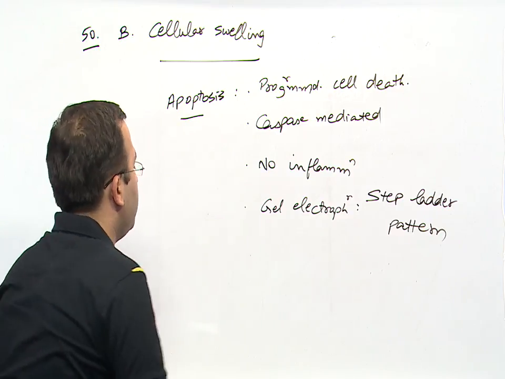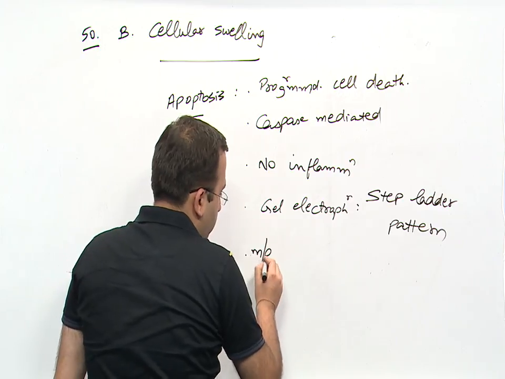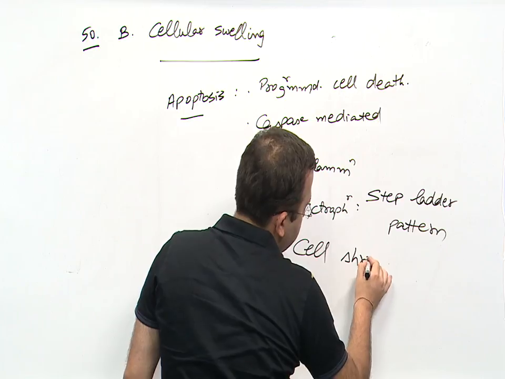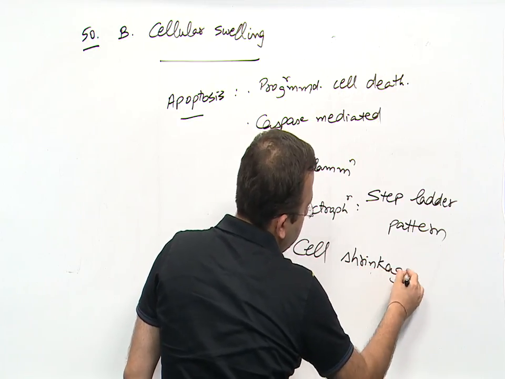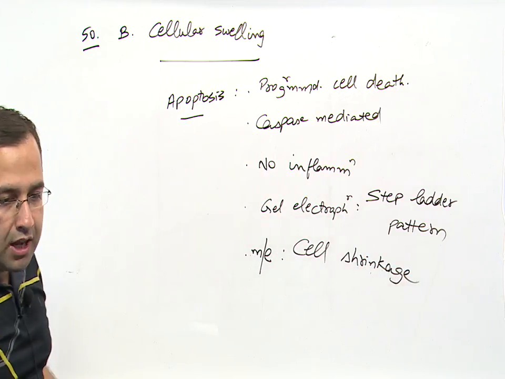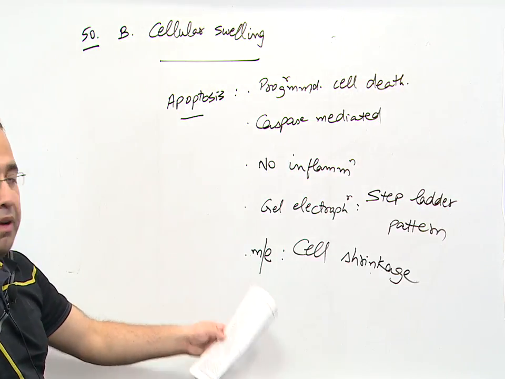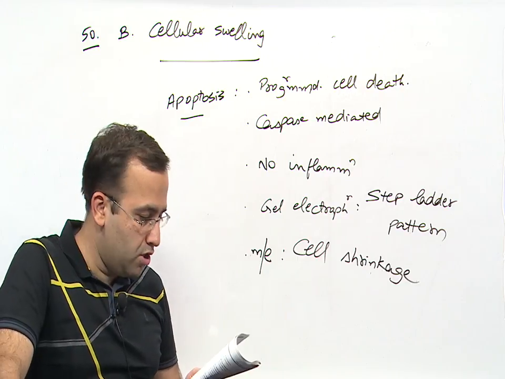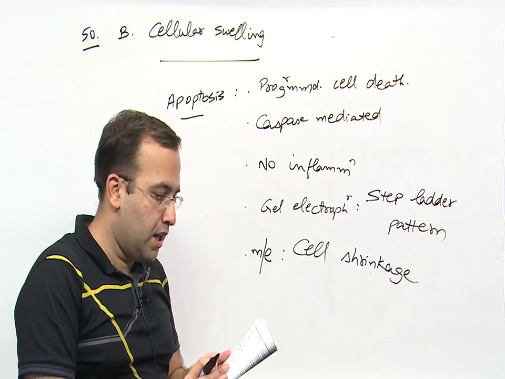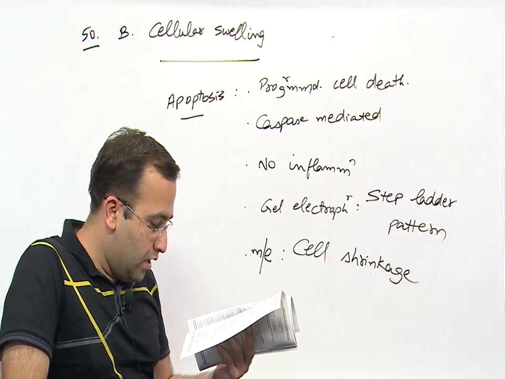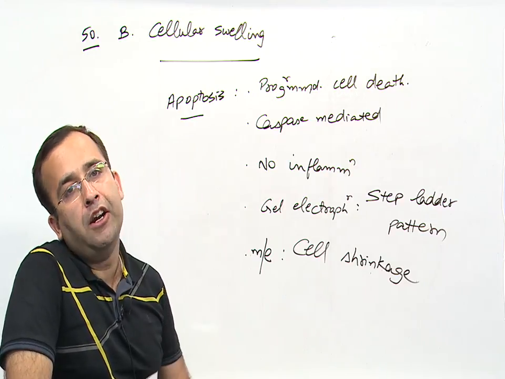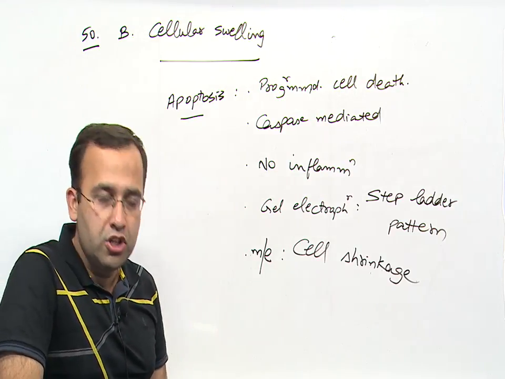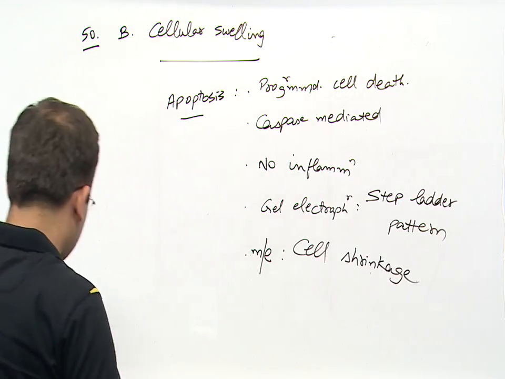Next point, microscopically it is associated with cell shrinkage, not cellular swelling. The other options, that is cytoplasmic eosinophilia, intact cell membrane and nuclear compaction, are also seen, but it is cell shrinkage.